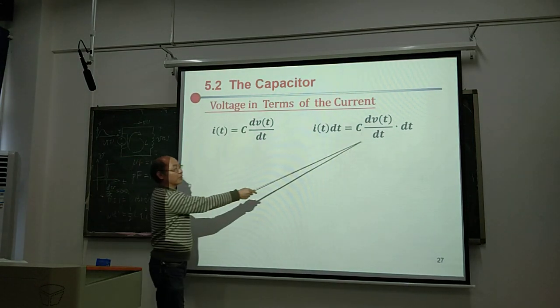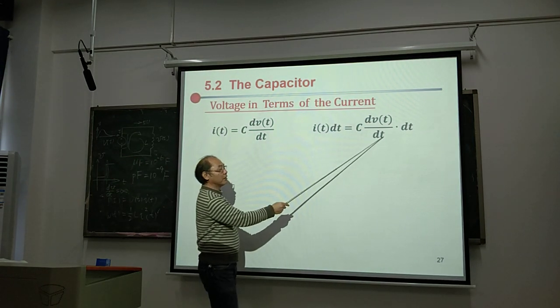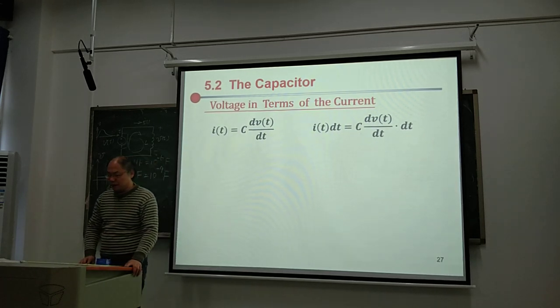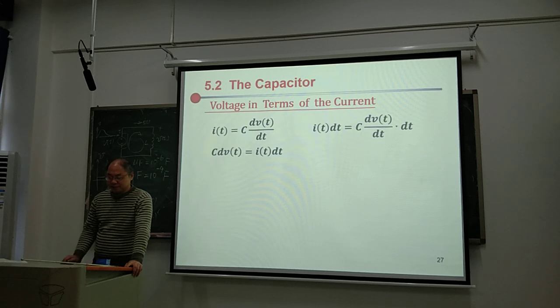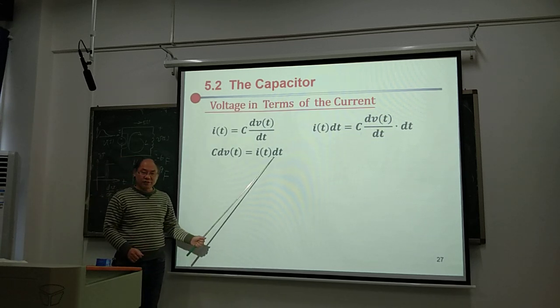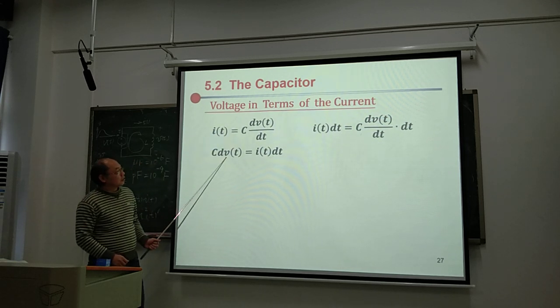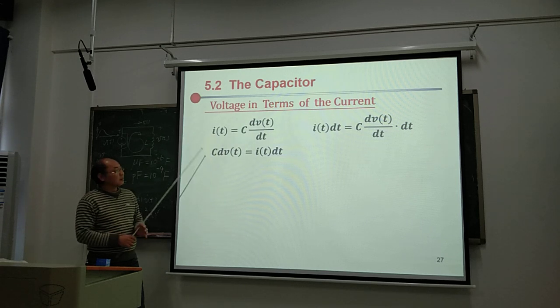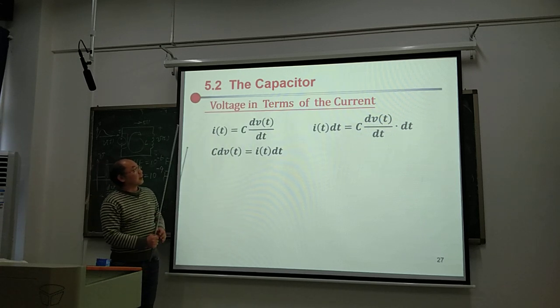So we get this, right? And this is simplified. So we get this, and in this way we separate the voltage and the current.